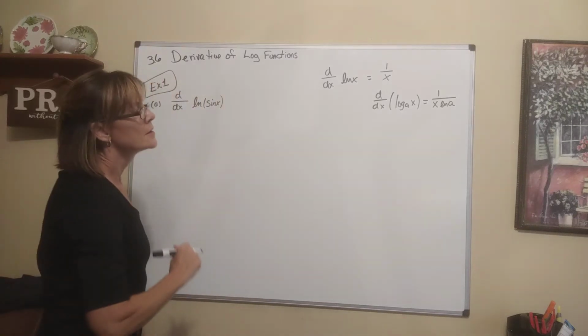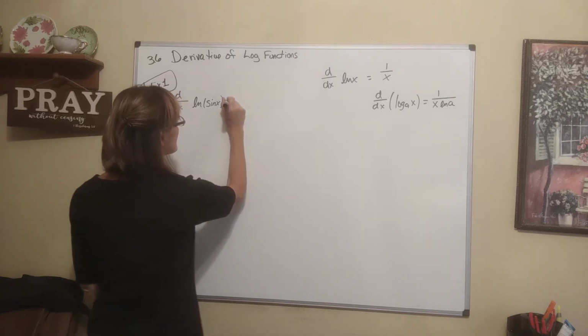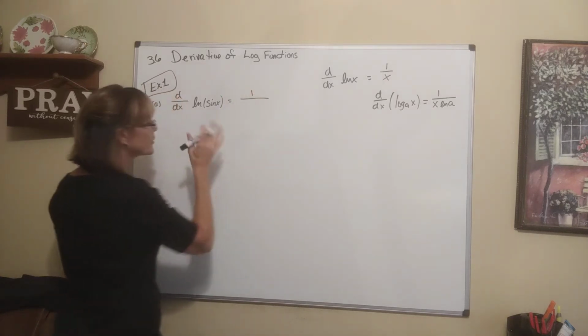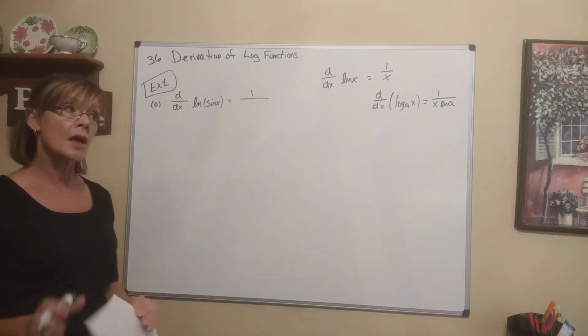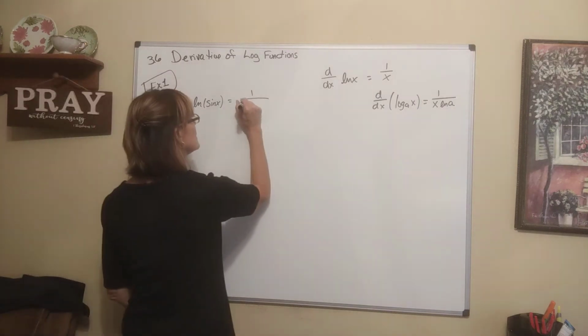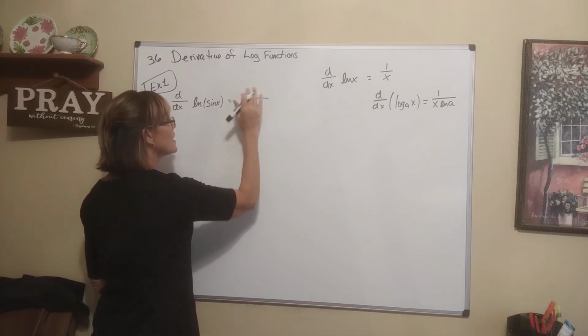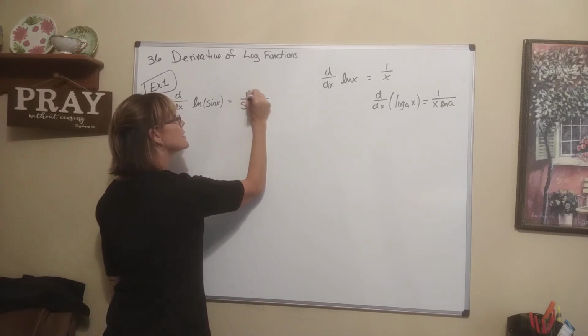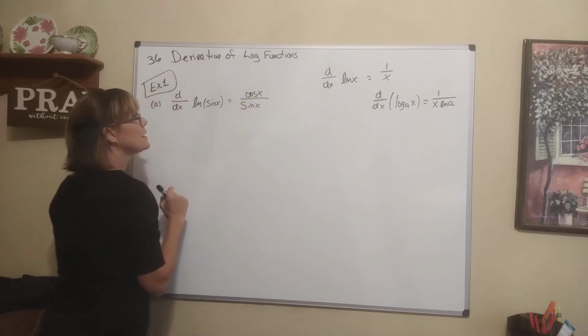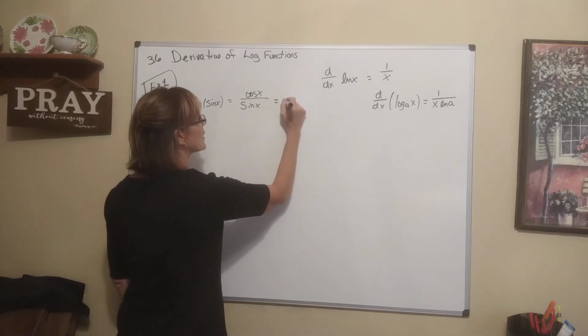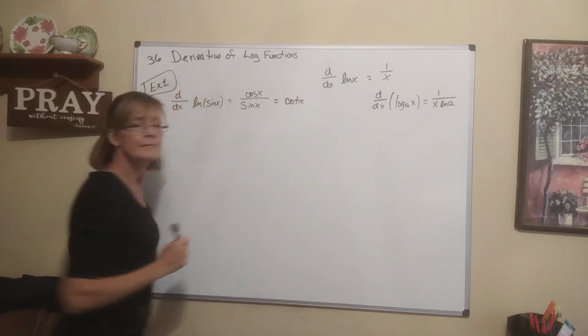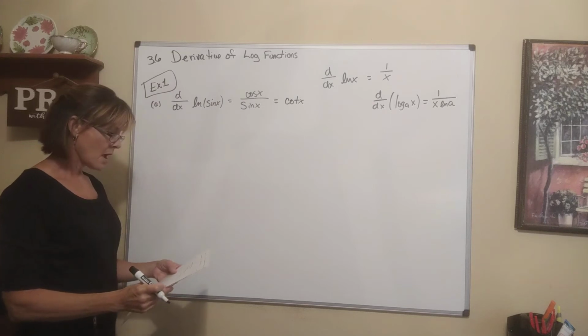The derivative of the natural log of something is 1 over that something times the derivative of the something. What is the derivative of sine? It is the cosine of x. So we could write this as the cotangent function. That's what that ended up being.